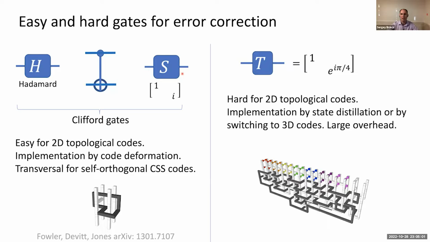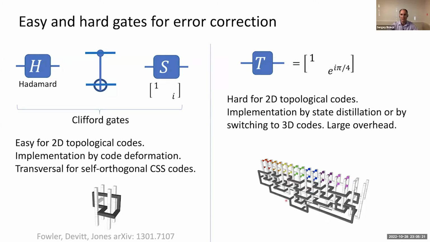But to achieve universality, we need at least one non-Clifford gate, such as the T-gate. Realizing the T-gate fault tolerantly requires complicated methods like magic state distillation or increasing a spatial dimension of the code. And this can be expensive.